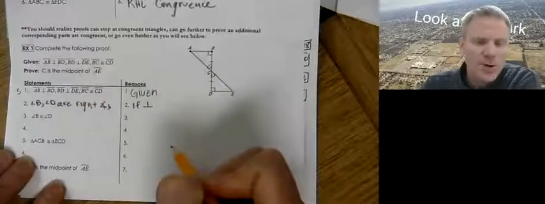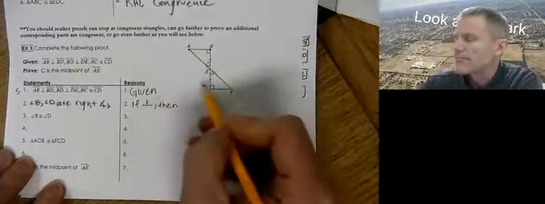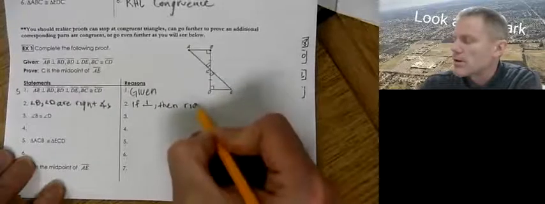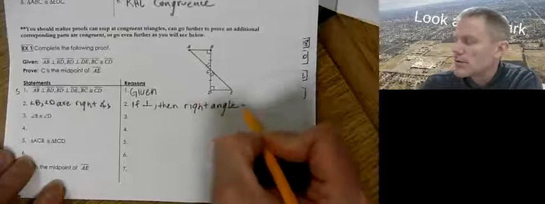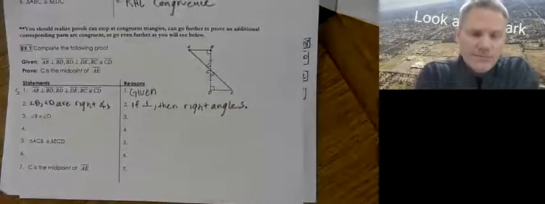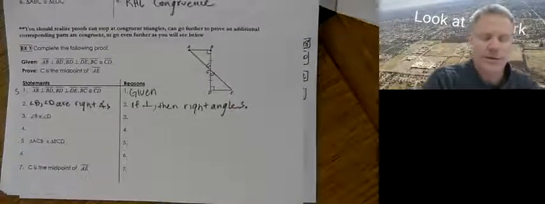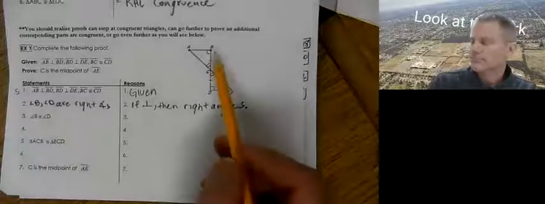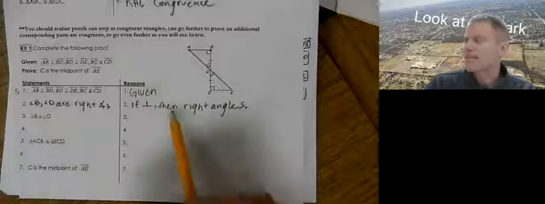The perpendicular. If two segments are perpendicular, then right angles are formed. You can have it shorter just like that.